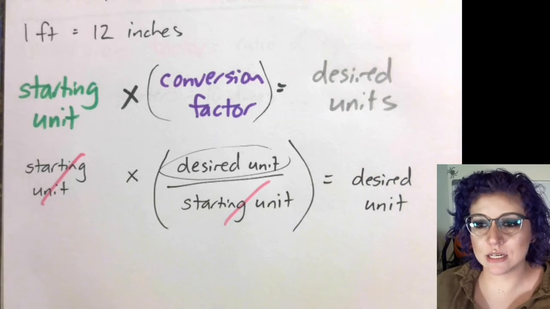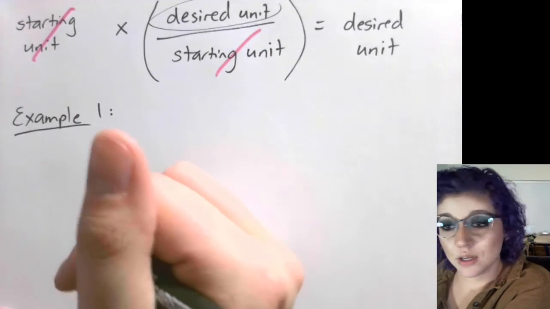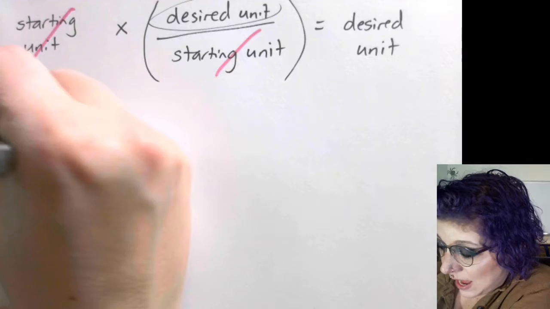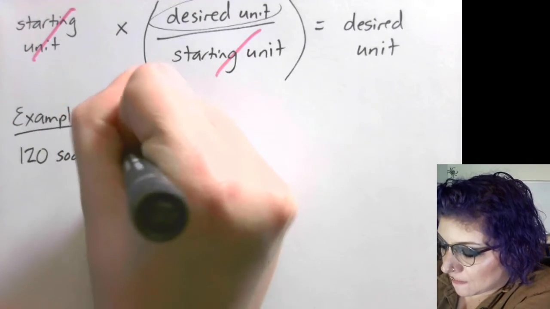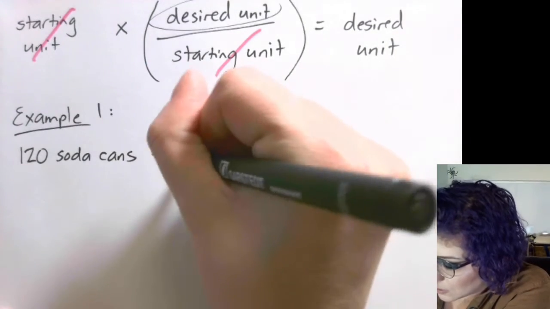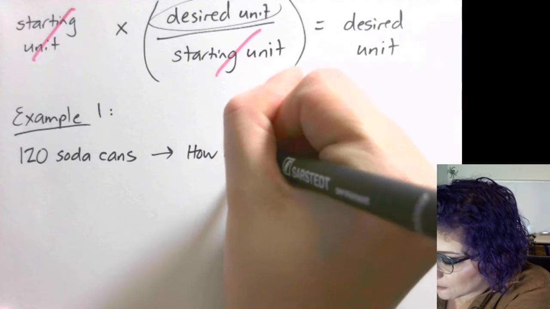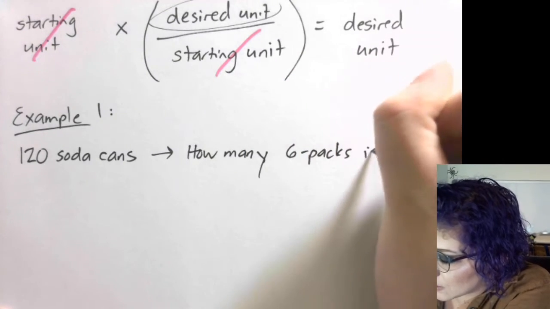Let's look at an example. Let's say that we're getting ready for a party and we have 120 soda cans. And I want to know how many 6-packs this is.